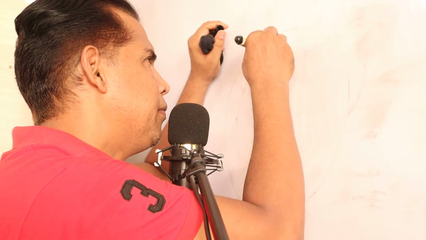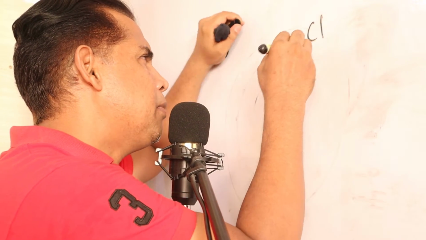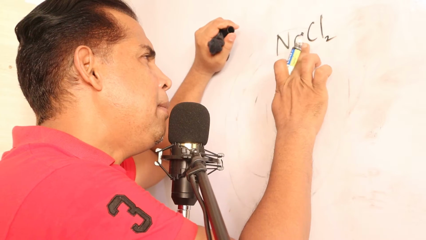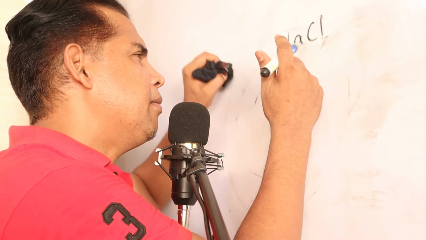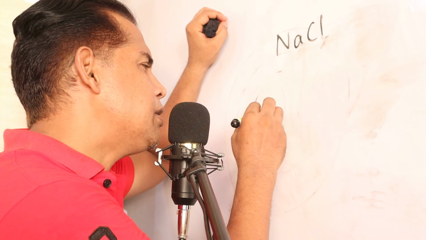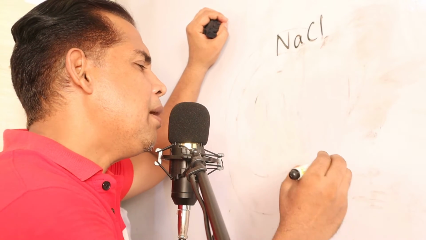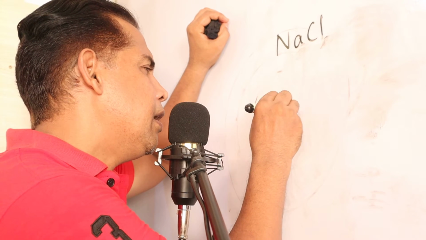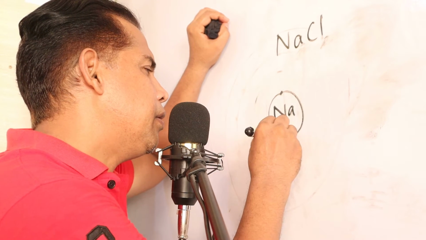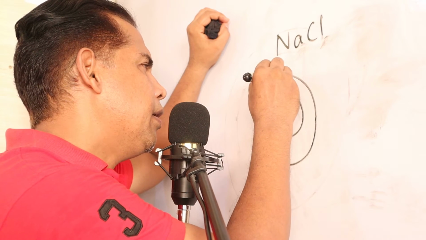Sodium chloride: the empirical formula of sodium chloride is NaCl. And you know that sodium in the periodic table has the electronic configuration 2, 8, 1.